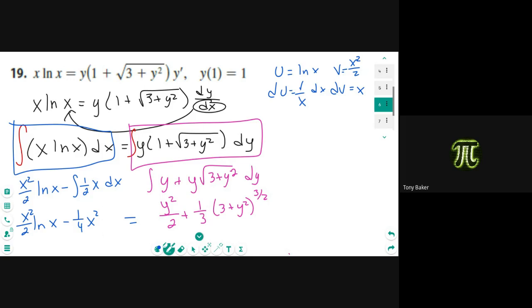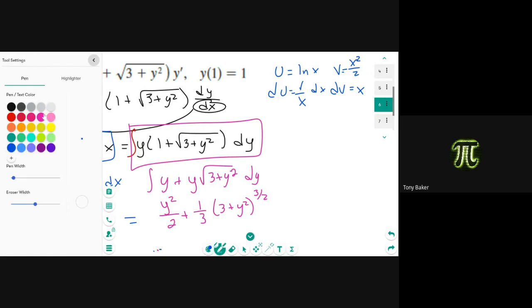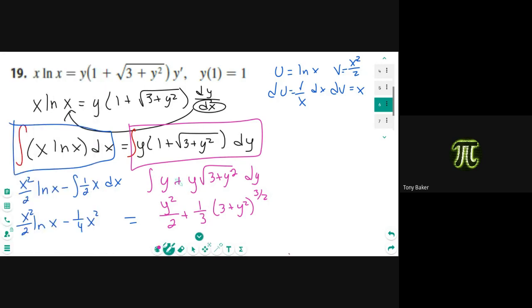Oh, you didn't. When you're doing this side, there are two pieces, and that's the only one you have to do the du to the u to. So the 1/2 doesn't impact this part at all.